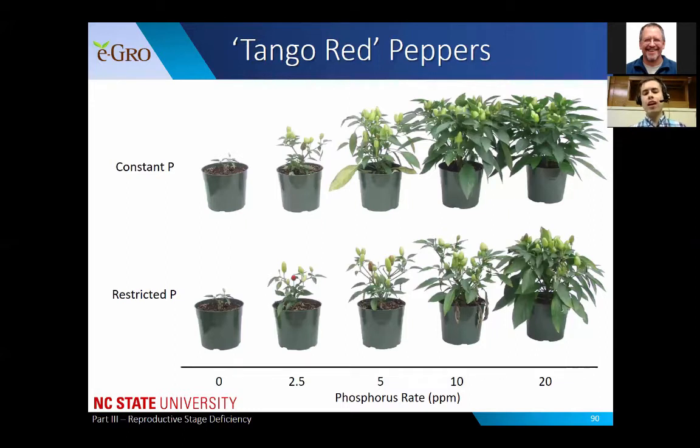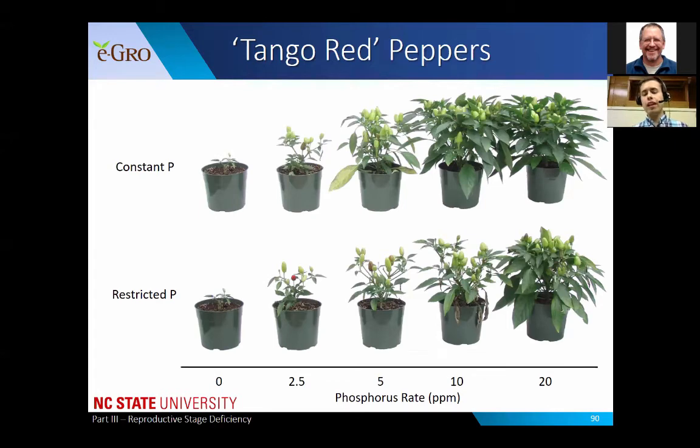And then when providing rates as low as 2.5 or 0 parts per million, you saw some very significant stunting. However, when you look at the plants that were restricted, you can see that the plant that was grown with 20 parts per million and then switched to 0, although it's starting to look a little sad, for the most part is relatively healthy when you compare it to the plant that was grown with continuous 20 parts per million phosphorus.